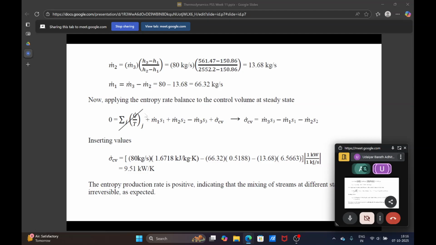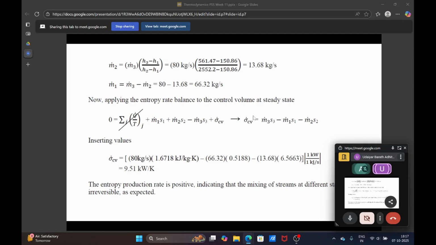So Q by T is 0. m1 s1 is the entropy of stream 1 coming in, m dot 2 s2 is the entropy of stream 2 coming in, and m3 s3 is stream 3 going out, and then the entropy generated because of these two streams getting mixed.